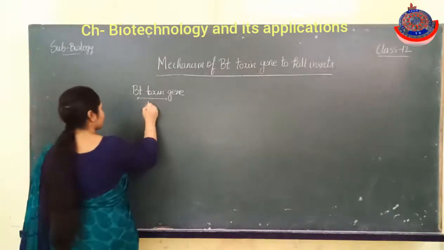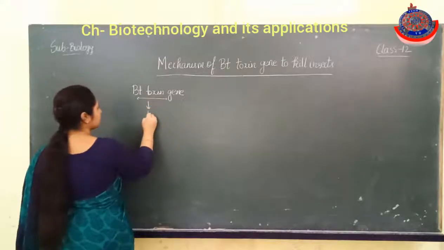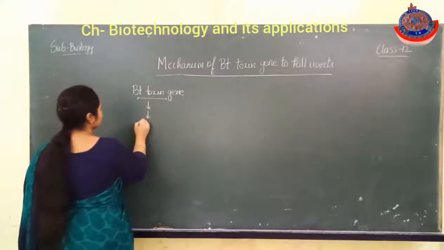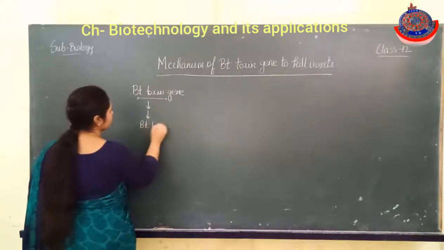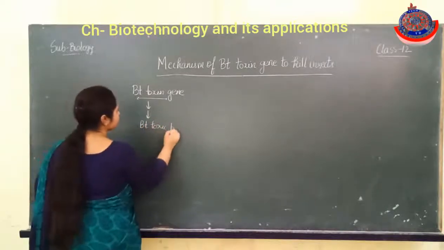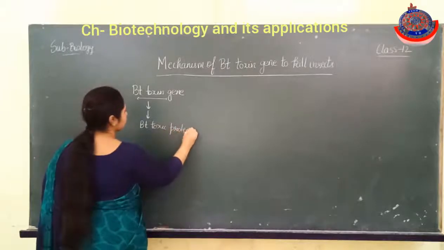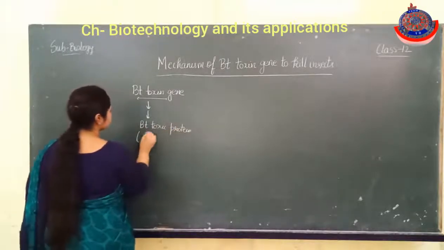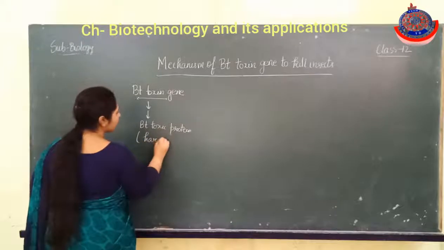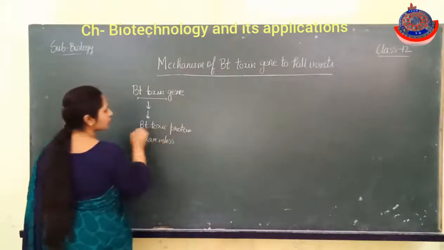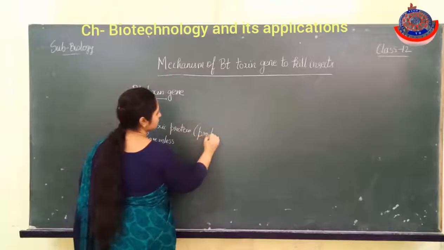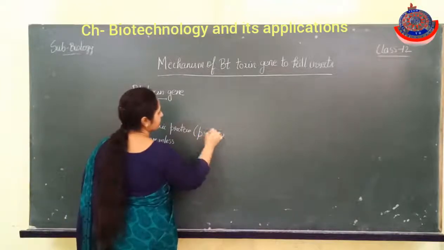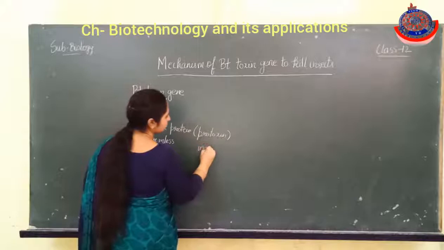Because after transcription and then translation, when this gene produces the toxic protein, this protein is harmless. Why? Because it is present in the form of protoxin, which means inactive.